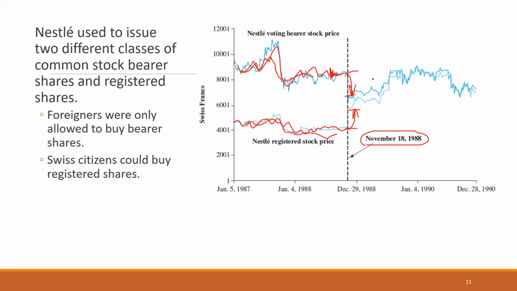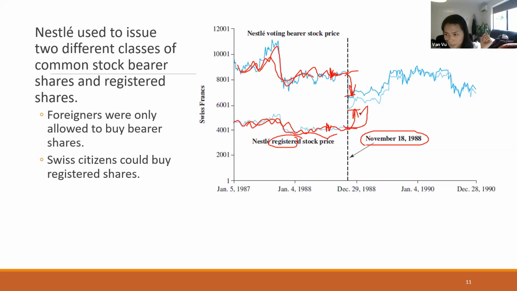If I'm a registered one, if I'm a domestic investor, I will be very happy about it, right? Because my share price goes up. But if I'm a foreign investor who has the bearer stock, I would not be too happy about it, right? Because my share price decreased.